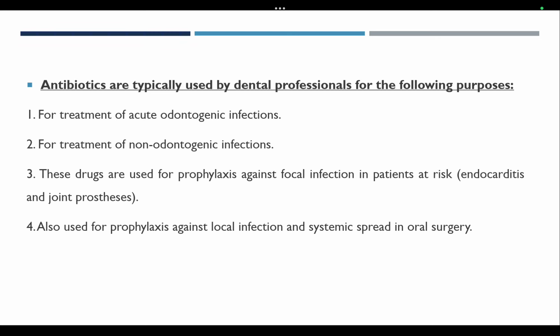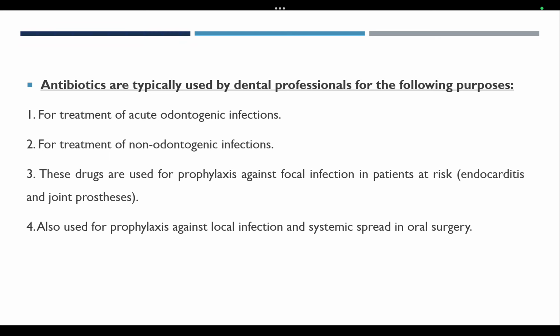So the antibiotics are used by us for the following purposes: for treatment of acute odontogenic infection, also treatment of non-odontogenic infection, and these drugs are used for prophylaxis against focal infection in patients at risk of endocarditis and joint prosthesis.